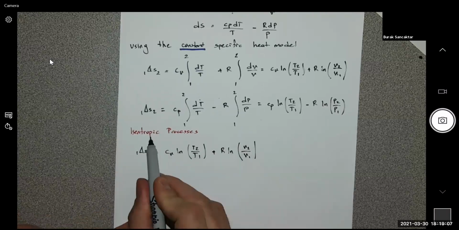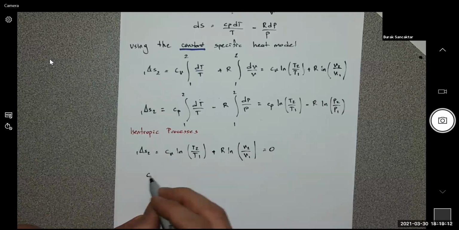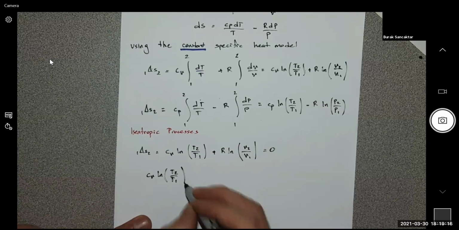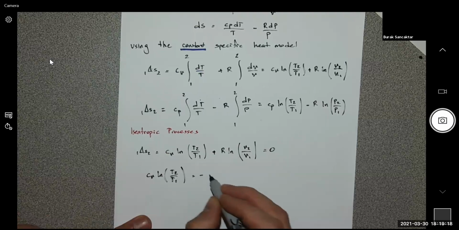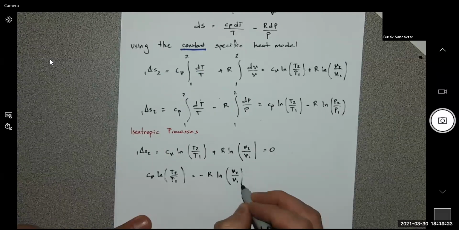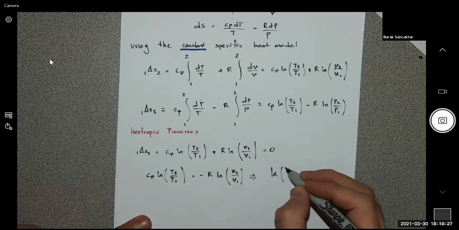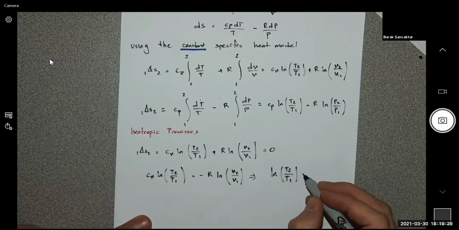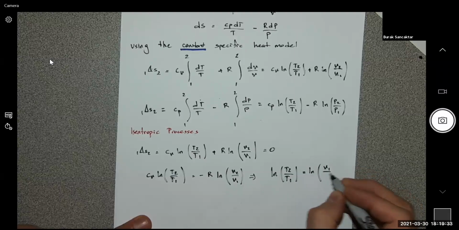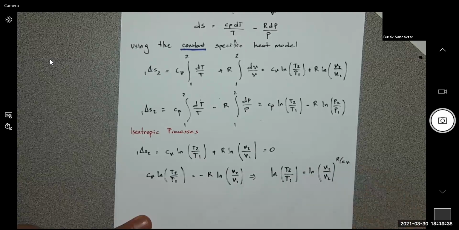So for an isentropic process, delta S equals 0, which gives me Cv natural log of T2 over T1 equals minus R natural log of V2 over V1, which leads to natural log of T2 over T1 equals natural log of V1 over V2 to the power of R over Cv.